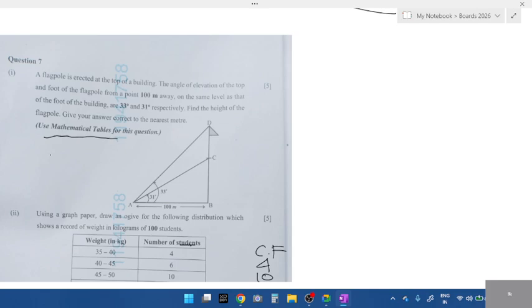Building BC. What about others? All of you respond. AB is the building.